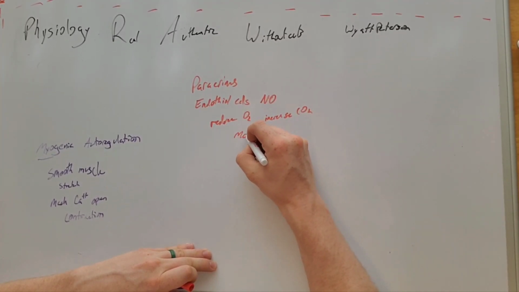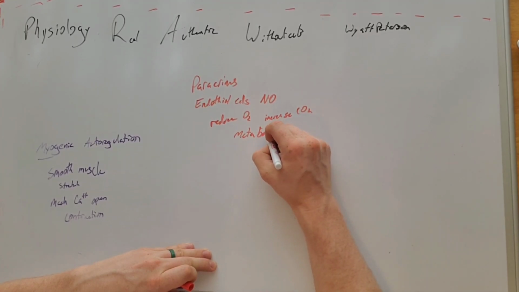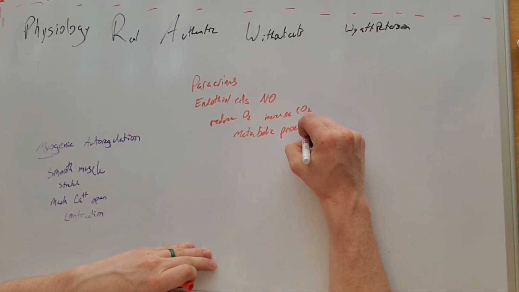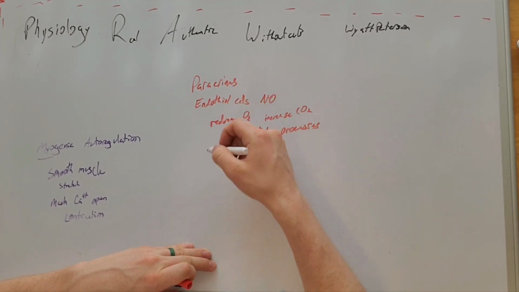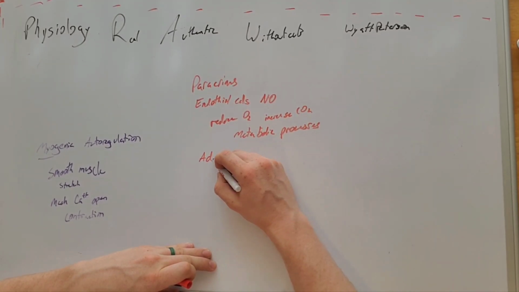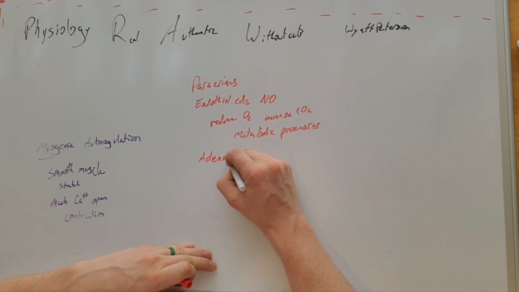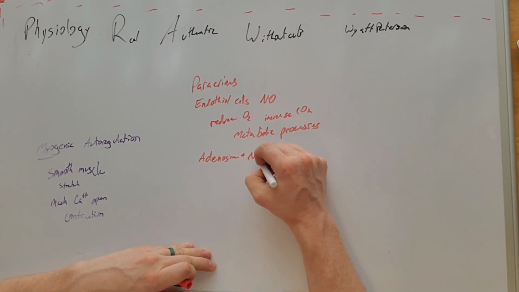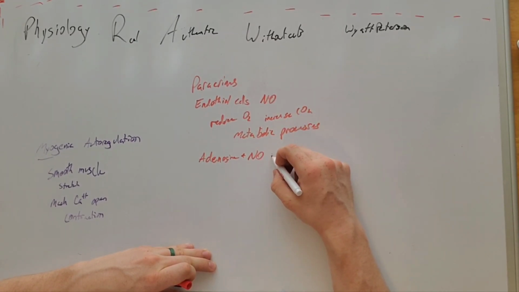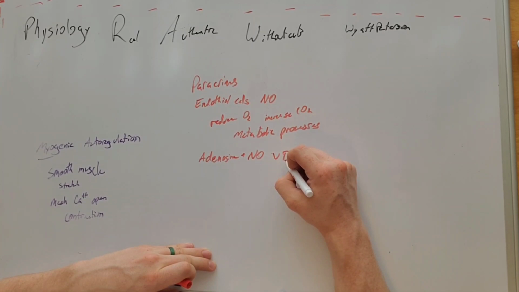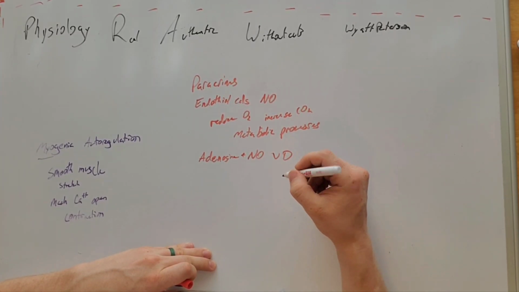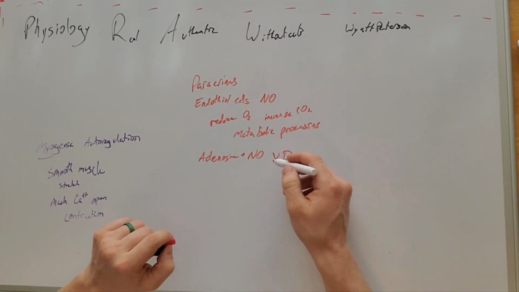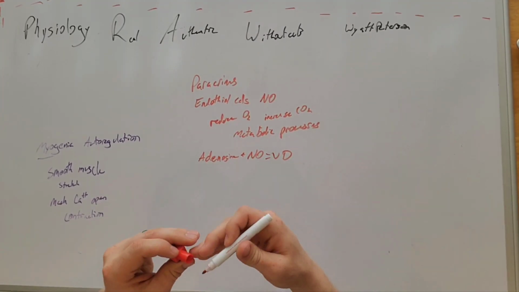So this is usually from metabolic processes. And then we have some combinations of a few things. So adenosine plus nitric oxide is going to cause vasodilation. And then you have a few other examples that mostly cause vasodilation.